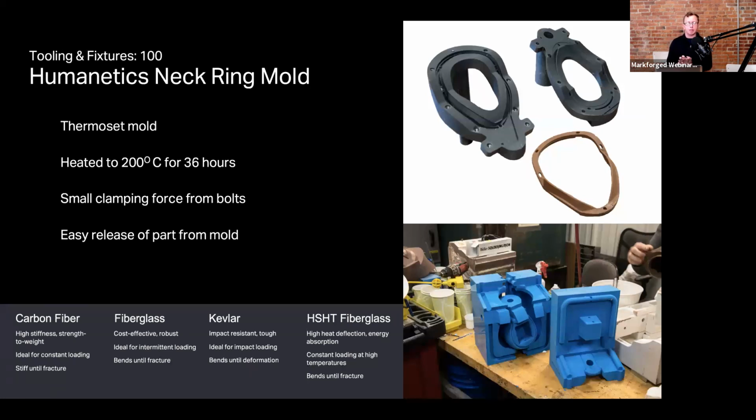But because of the Onyx, it can be just ever so slightly flexible. That's why it's shaped in this way where it's not a big block. It's actually this thin section so that they can flex it to release the part from the mold easily. So Kevlar would be a good choice if you do need that flex, but the primary material constraint here is that it can withstand the 200 degrees Celsius heat in that oven.